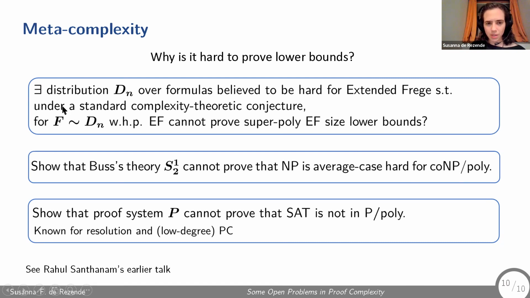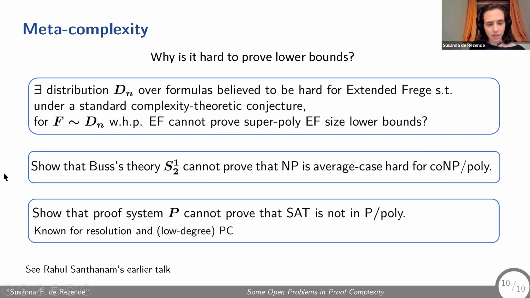So under some conjecture, sampling some formula from this distribution, with high probability, extended Frege cannot prove a super polynomial extended Frege size lower bound for these formulas. So formulas that we believe to be hard, but we can show that they're actually hard to prove under some conjecture.